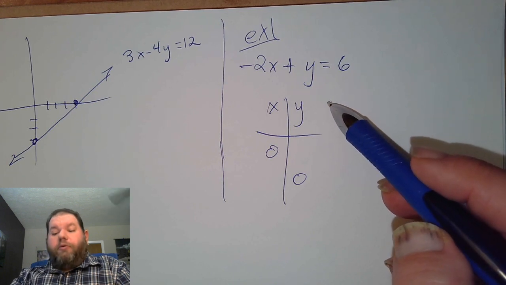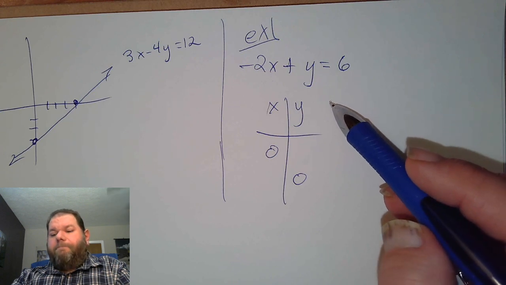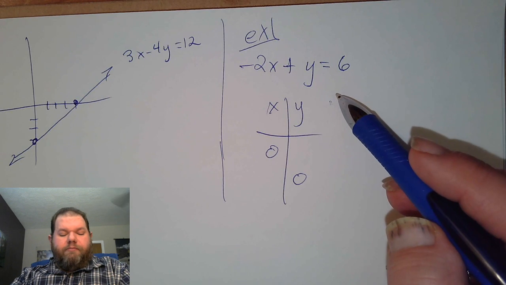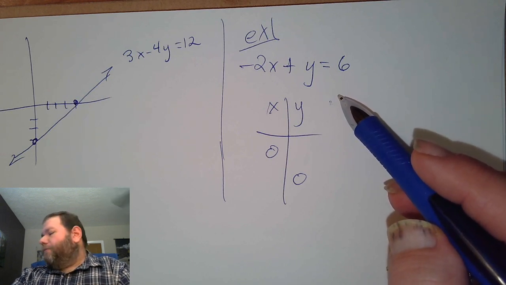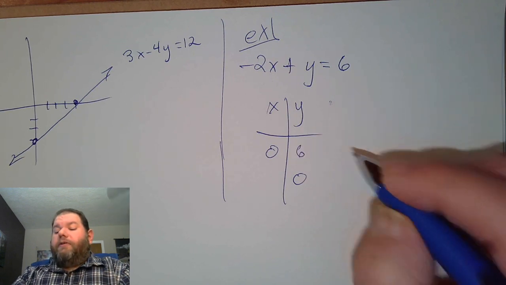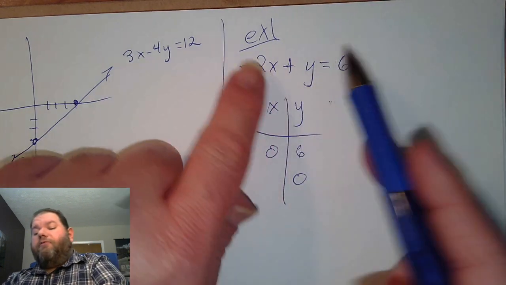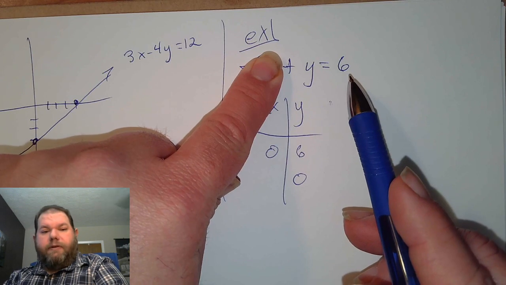Yes, we are working on graphing, so we do need to graph there. These are just examples I'm creating, but I did want us to graph them. y would equal 6. Yeah, because if x is 0, we basically get rid of that term, and we're left with y equals 6.